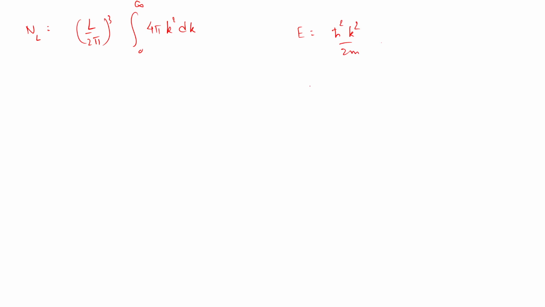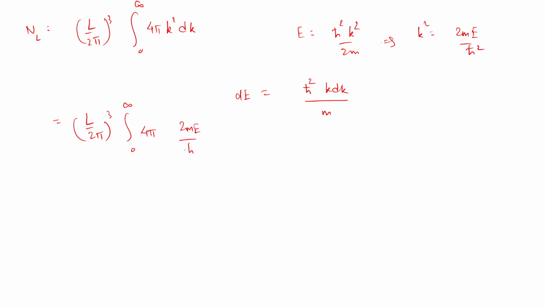Now what we can do: dE will be equal to h bar square k dk over m, and if we replace this, what we have is L by 2 pi whole cube, 0 to infinity, 4 pi, k square will be 2mE over h bar square, so 2mE over h bar square to the power 1 by 2, and dk will be 1 by 2 of this.